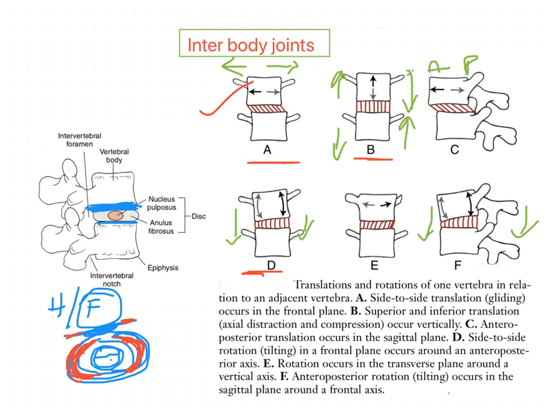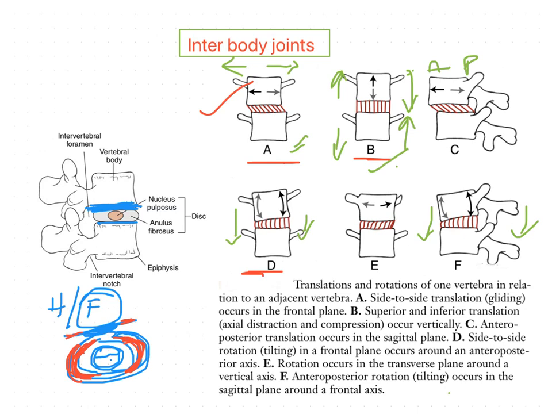If you see these translations and rotations of one vertebra in relation to an adjacent vertebra in detail, in A, this is side to side translation, which occurs in the frontal plane. And in B, this one is superior and inferior translation, that is axial distraction and compression, which normally occurs vertically.